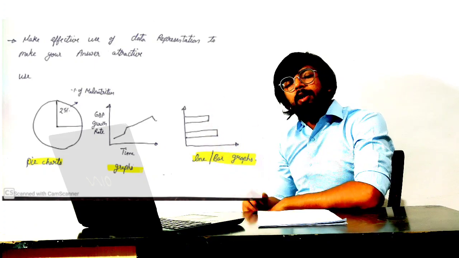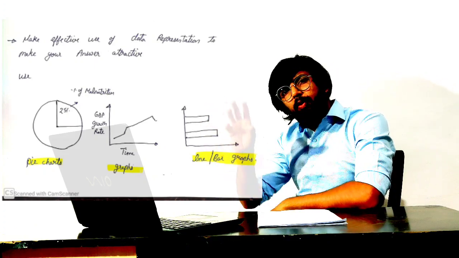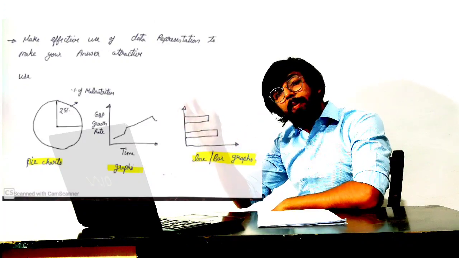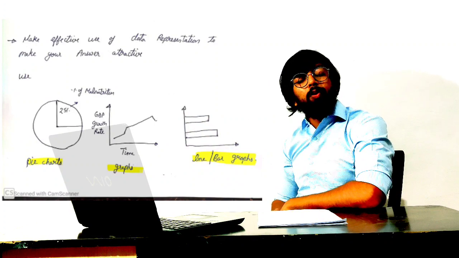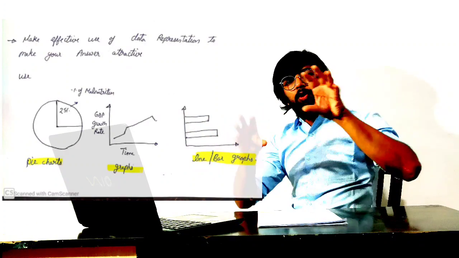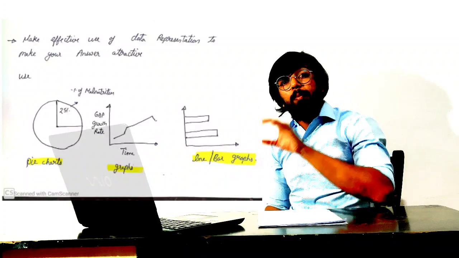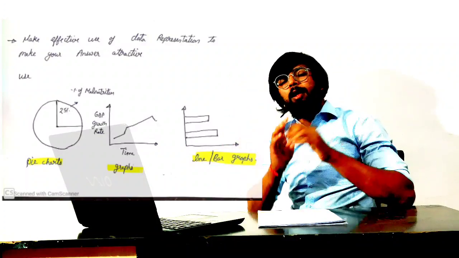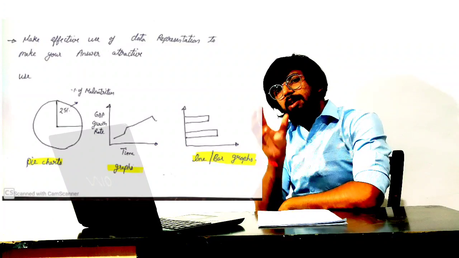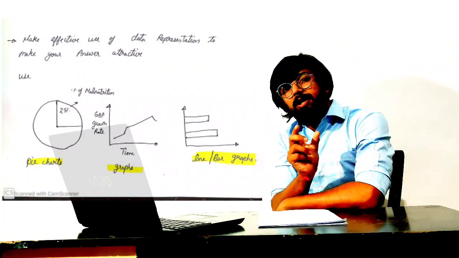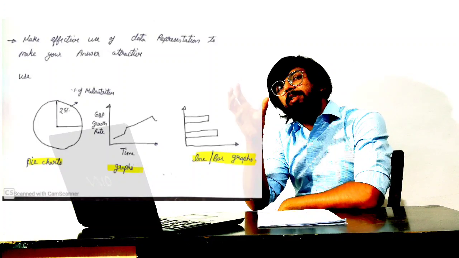You can use 5 to 6 lines for making a pie chart, in a 6 marker question, and in a 15 marker question you can make 2 pie charts simultaneously, one on the left side and one on the right side, to present 2 data sets. You can make a pie chart and a graph simultaneously. Important is to first make the pie chart and give a subheading stating what that pie chart represents. Same with the graph.